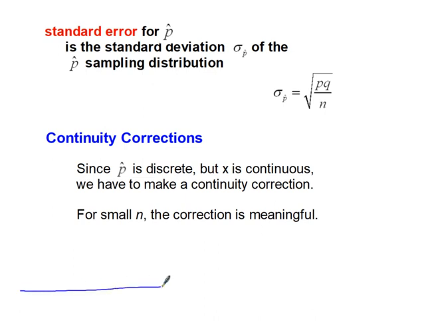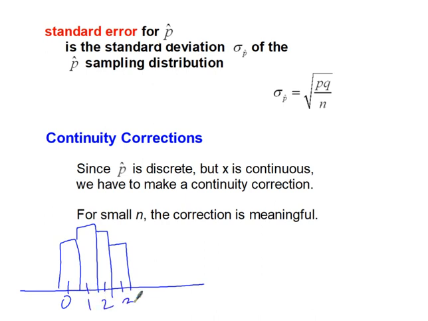Okay? If you remember before, we had all these rectangles in a histogram where R is 0 successes, 1 success, 2 successes, 3 successes, but we had to convert to some sort of X value by taking halfway in between those two bars.